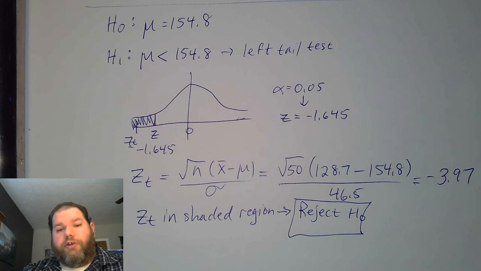So we've chosen to reject H0. Now we need to make a statement summarizing overall what this has told us.